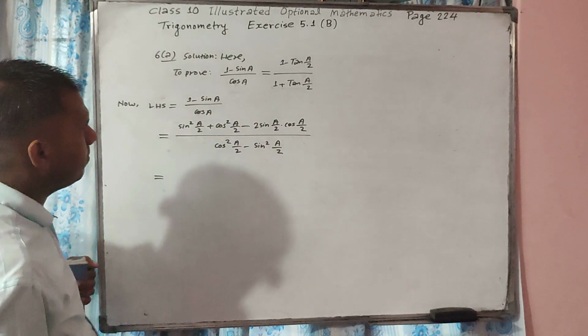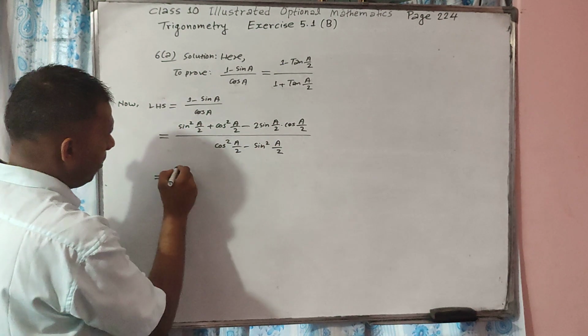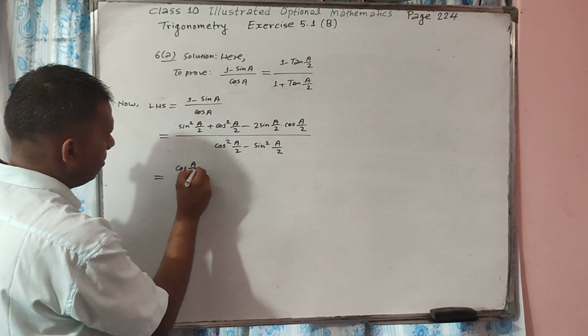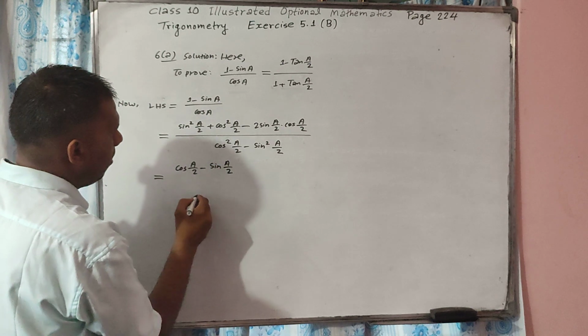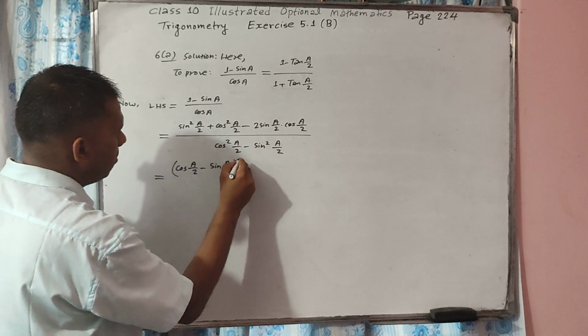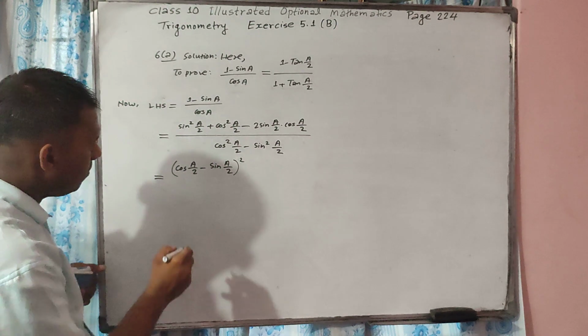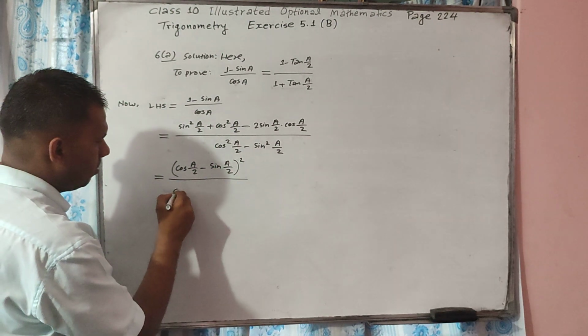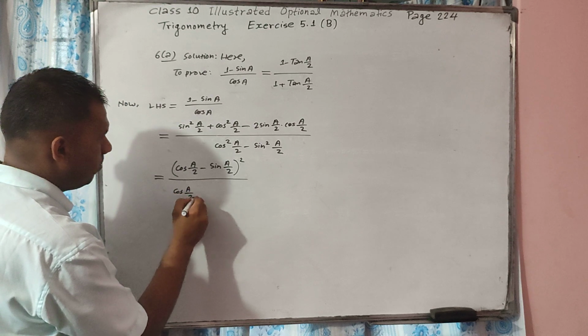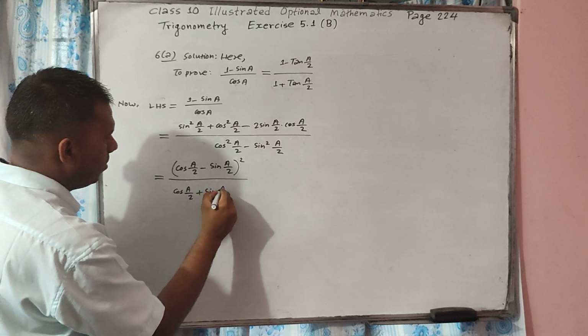This equals cos A by 2 minus sin A by 2 whole square, upon cos A by 2 plus sin A by 2.